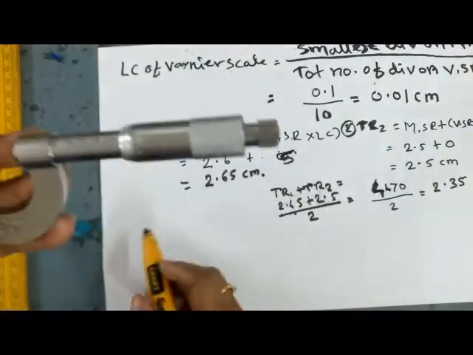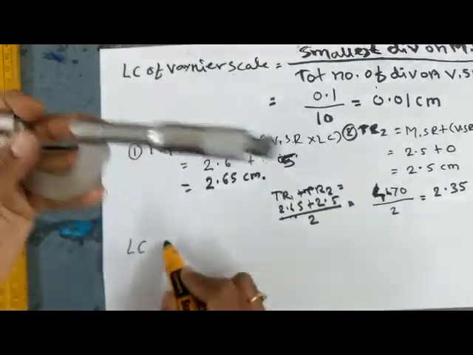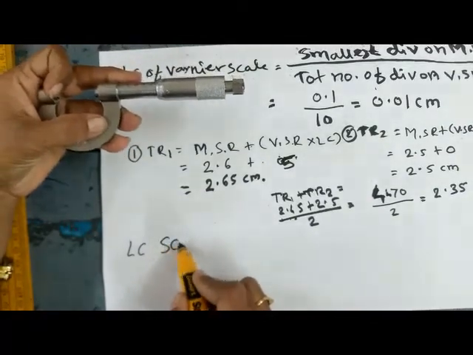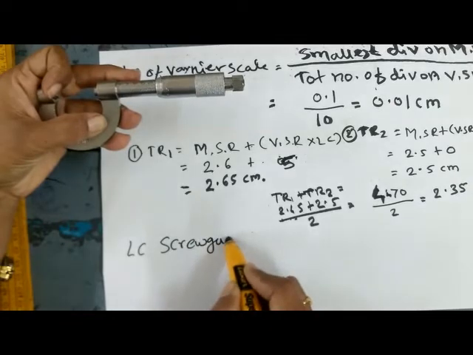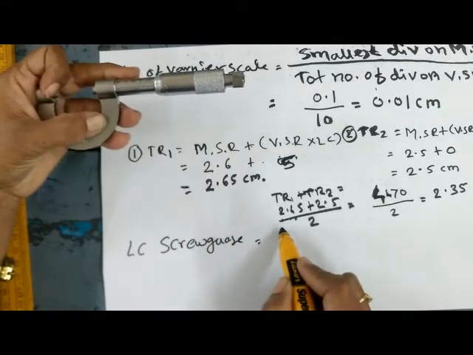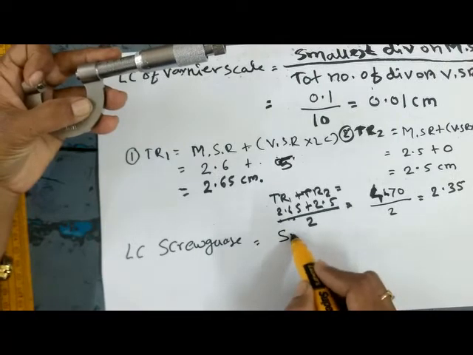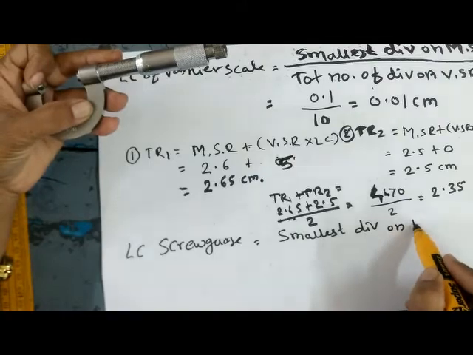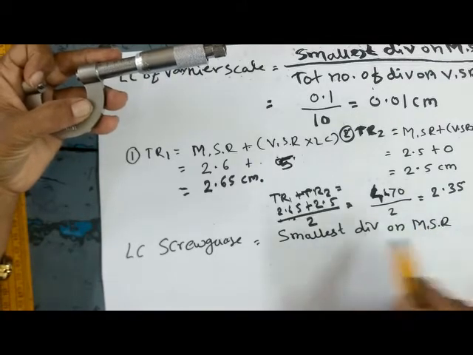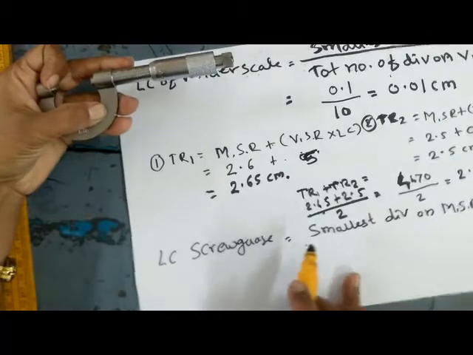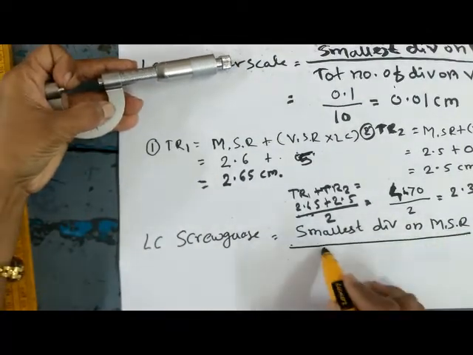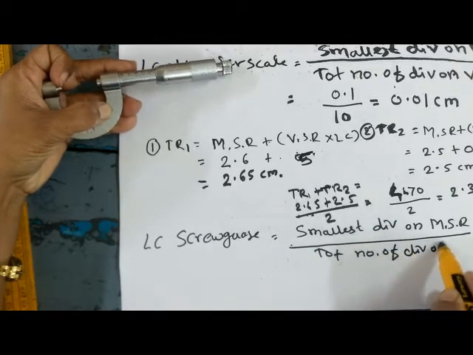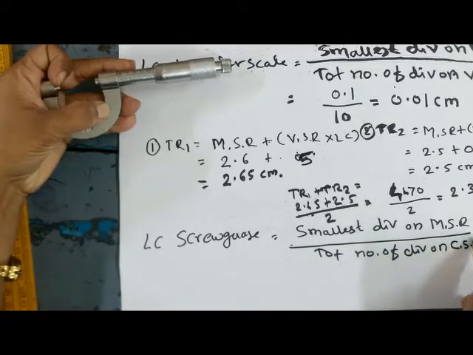So first, the least count of the screw gauge. Similar to the vernier caliper, it is the smallest division on the MSR, main scale reading, upon the total number of divisions on the circular scale reading.